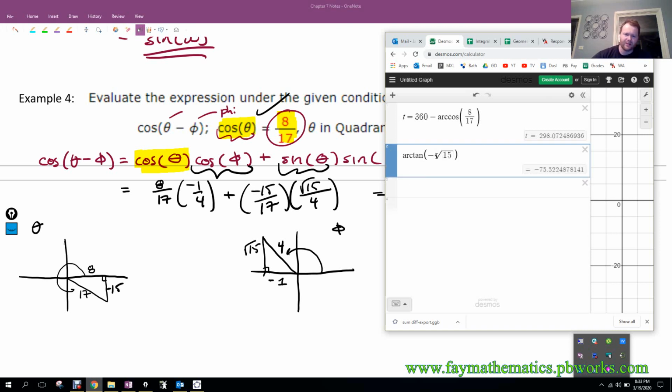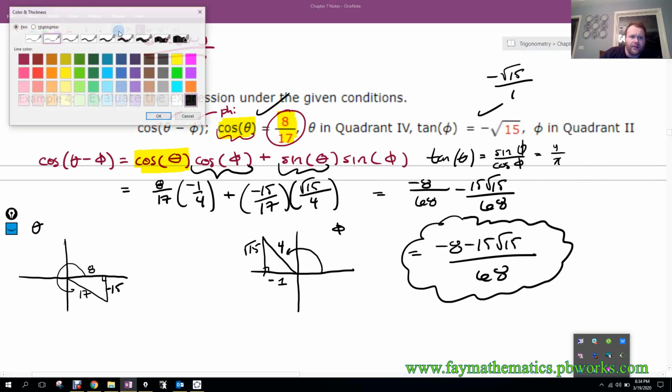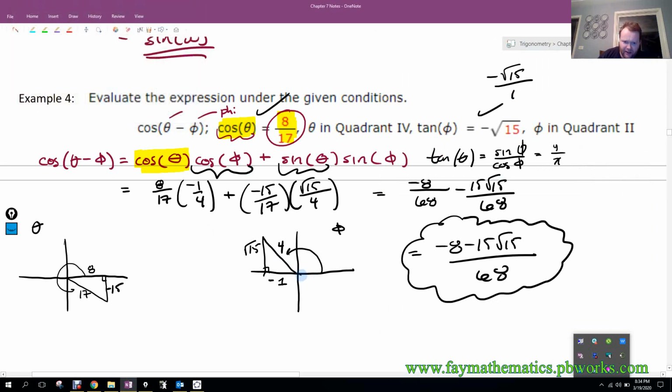Okay, so now just because of how the tangent inverse works, this angle of -75 that Desmos gave back is actually that angle.